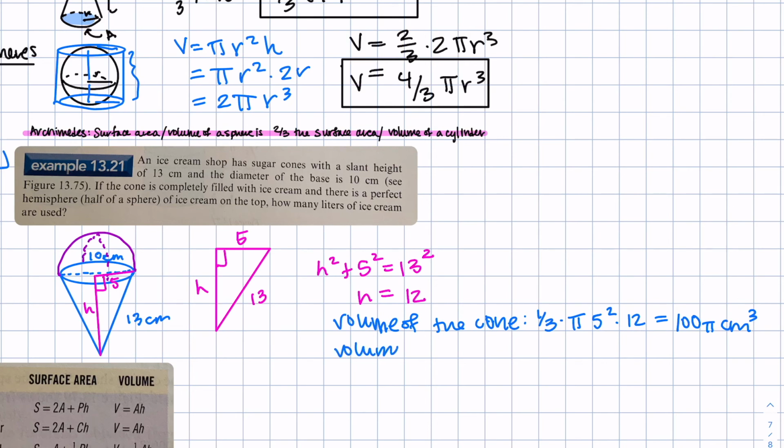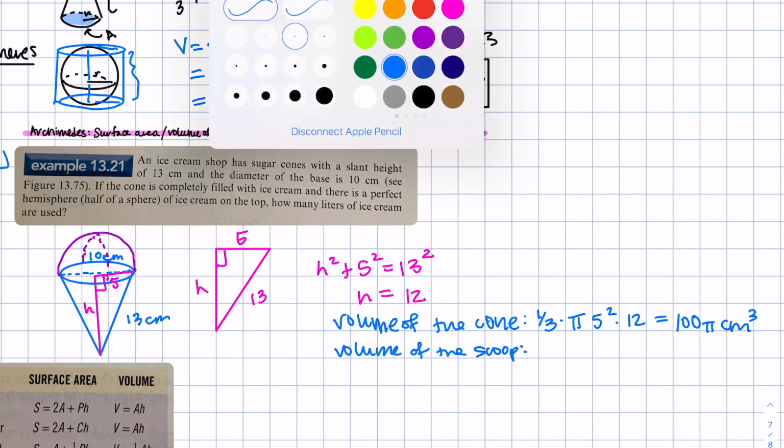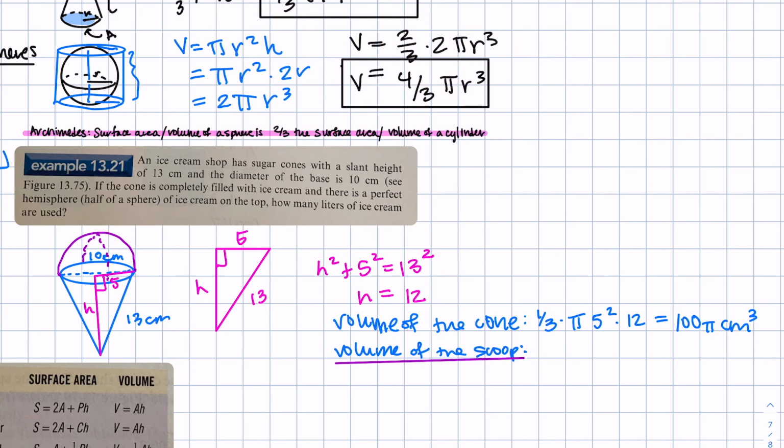The volume of the scoop, or hemisphere as they were calling it, is, oh, that's the purple piece, right? Well, it's going to be the volume of the sphere of radius 5, but divided by 2. So that's going to be 1/2 times the volume of the sphere, which is 4/3 pi times 5 cubed.